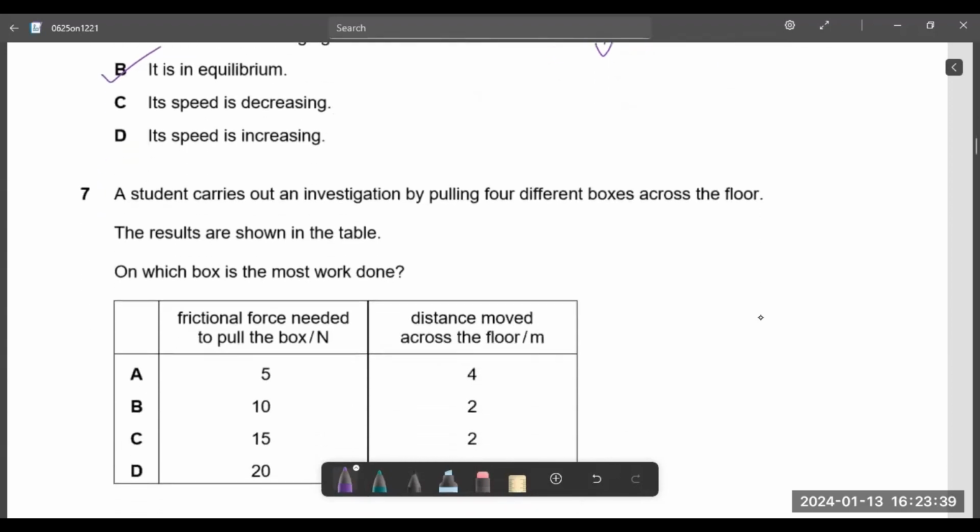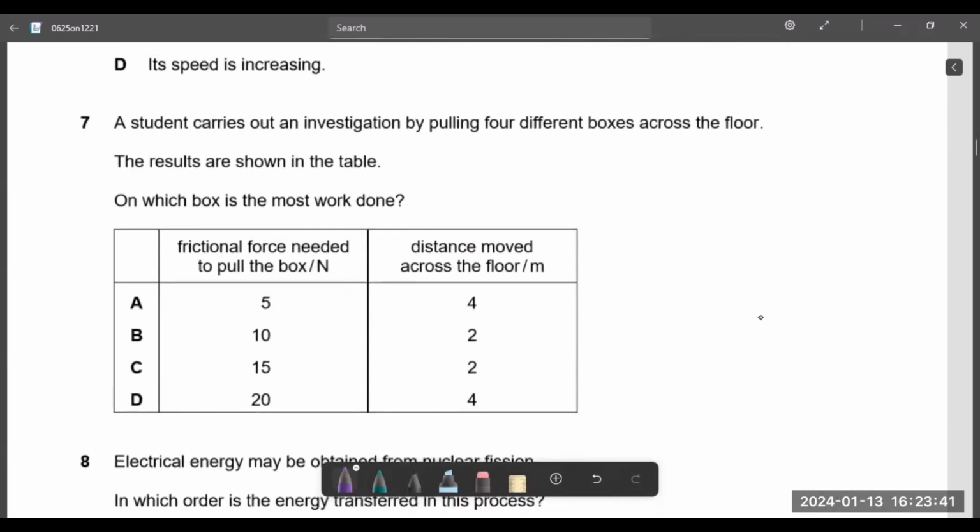Next, a student carries out an investigation by pulling 4 different boxes across the floor. The results are shown in the table. On which box is the most work done? So work done is equal to force into distance. So if force is more and distance is more, work done will be more.